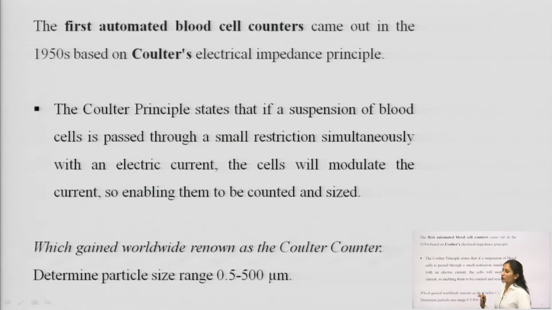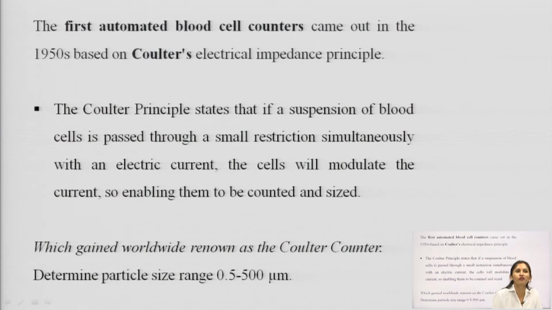The first automated blood cell counter came out in the 1950s based on the Coulter electrical impedance principle. The Coulter principle states that if a suspension of blood cells is passed through a small restriction simultaneously with an electric current, the cells will modulate the current, enabling them to be counted and sized. Initially it was called the automated blood cell counter, which later gained worldwide renown as the Coulter counter.